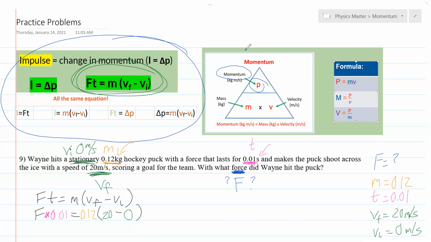Who remembers PEMDAS? Please excuse my dear Aunt Sally. What order of operation do we have to do first? Parentheses, 20 minus 0. I can do that in my head. 20 minus 0 is still 20. And now I get to multiply that by the 0.12.